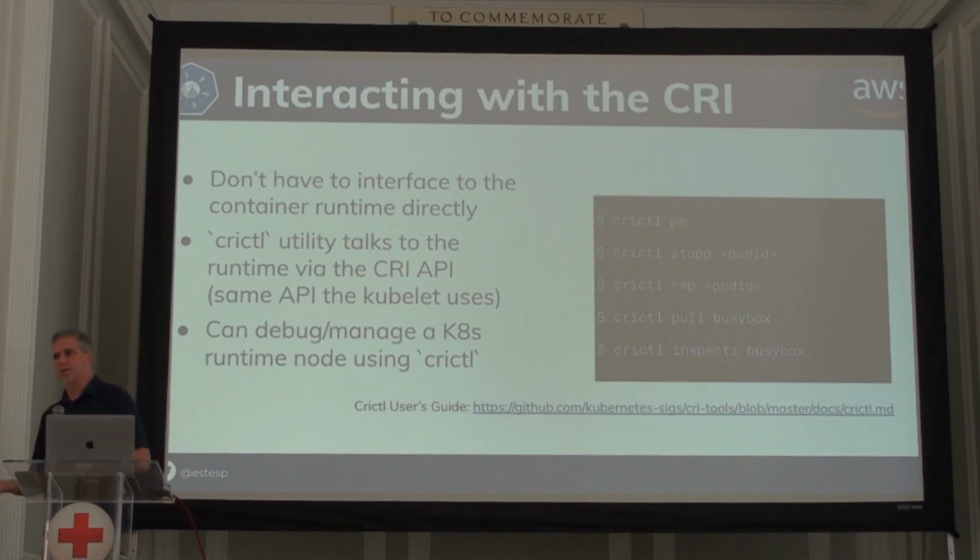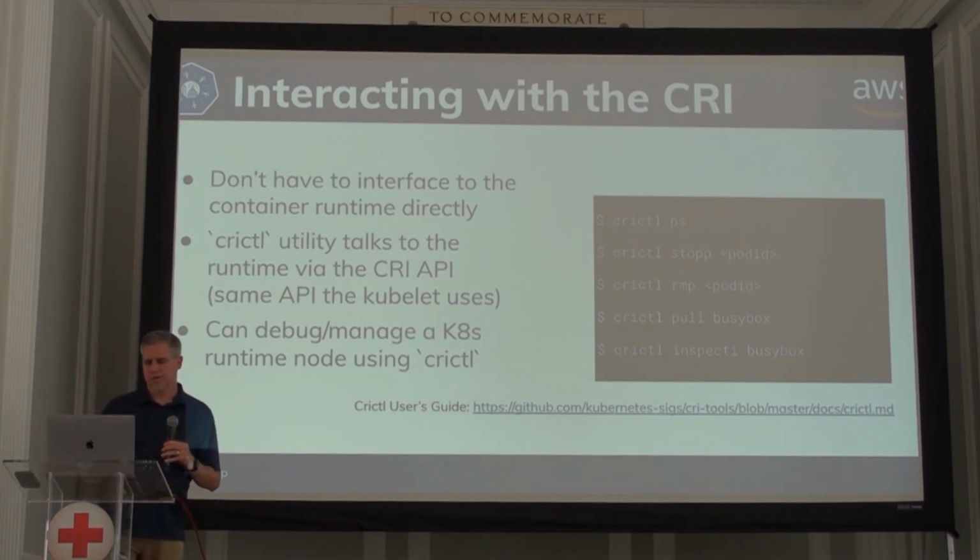And therefore, it can also be an interesting debug or management tool on a worker node because you can list the pods, you can see what images have been pulled, you can inspect a container, see what status it is, and look at all the configuration of the container, the environment variables, and all of that.